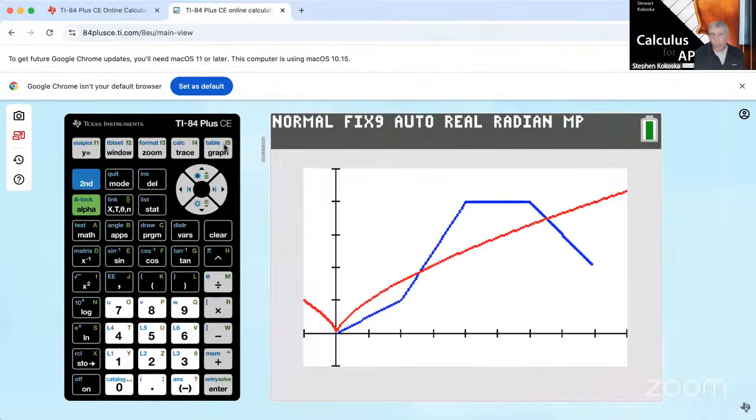Beautiful. Okay, so now the question came in. How do you determine, or can you tell, which car traveled the farthest? Now, we don't have the position function for car A. We do have the position function for car B, but I think we could actually use this graph screen to answer that, couldn't we?